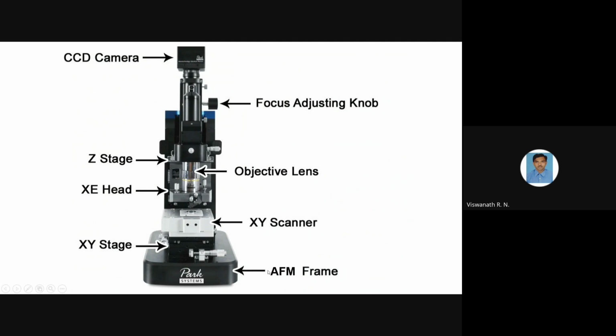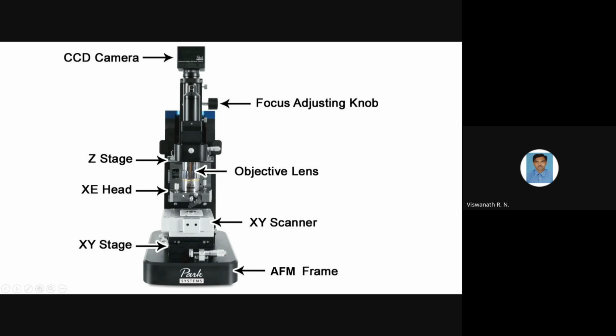So basically, the technique consists of an AFM frame at the bottom. It is a vibration-free platform. Then there is a scanning region, an XY scanner, so it can move in X and Y, rastering the surface. So this is the sample assembly. This is the region. Here is the head.